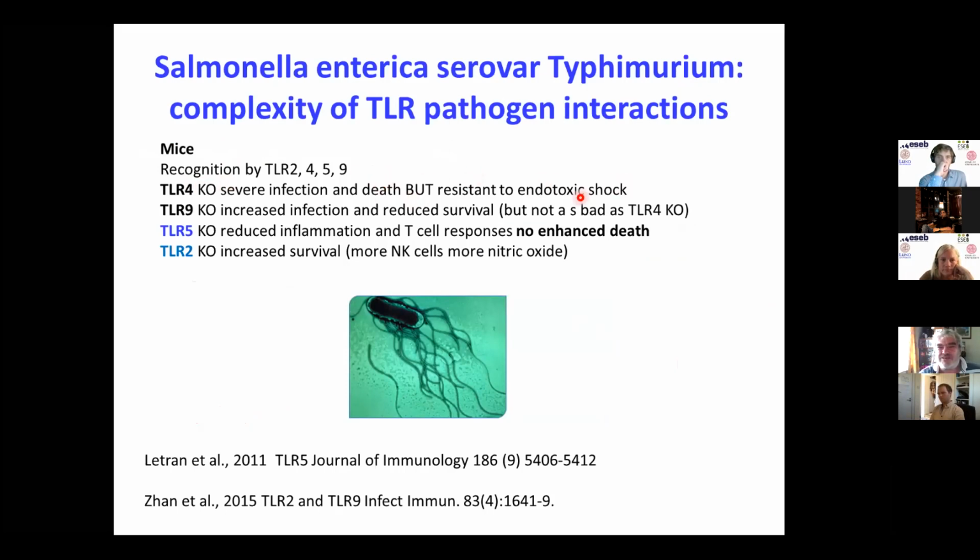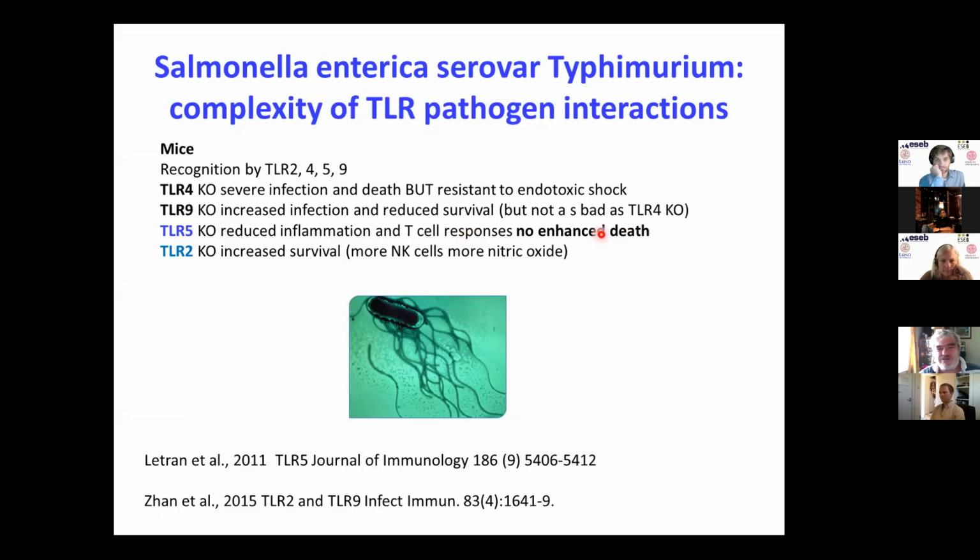But they're resistant to injecting the LPS, which is what TLR4 recognizes. If you knock out TLR9, you get increased infection, you get reduced survival, but the phenotype's nowhere near as bad as with TLR4. If you take out TLR5, which recognizes flagellin, you get reduced inflammation, you get reduced T-cell responses, particularly against flagellin, but you get no enhanced death.